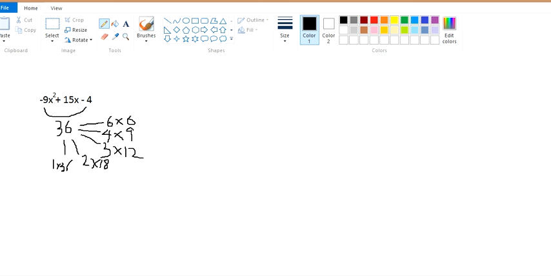Those are the factors of 36. So let's see which one of them adds up to give us 15.